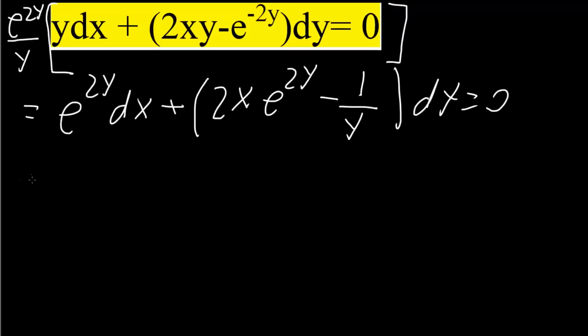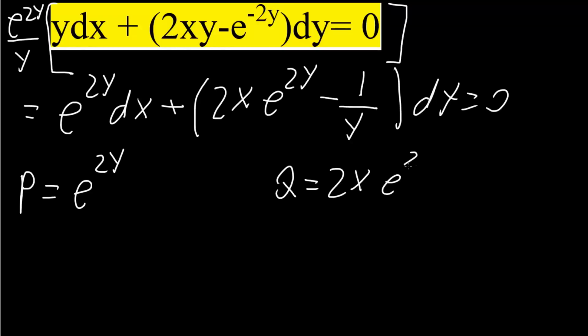And so now we do the p and q again. So we say now p would equal e raised to 2y, and our q term would be 2x e raised to 2y minus 1 over y. We take the partial derivative of p in terms of y and the partial derivative of q in terms of x.